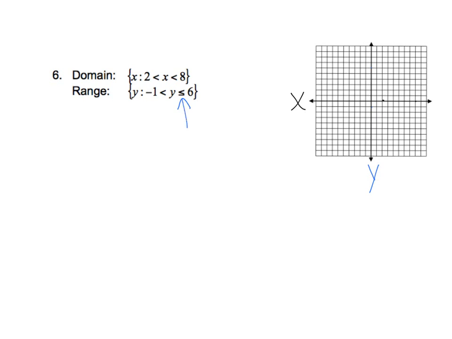Now, be cautious. We do have one that has an included symbol, so that's going to have to be a different circle at that point. So where these 2 points meet is that point right there. So that is where we'll have our open circle.